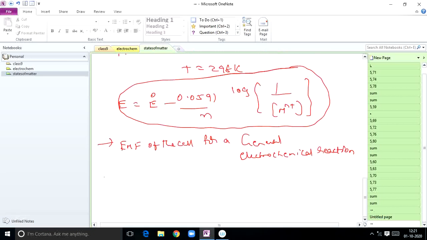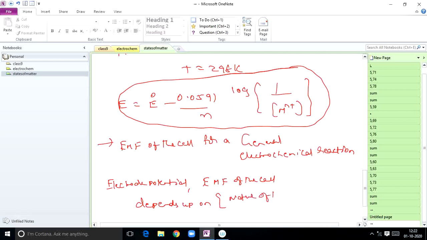So electrode potential and EMF of the cell depend mainly on the nature of the electrode, temperature, and even concentration of ions.